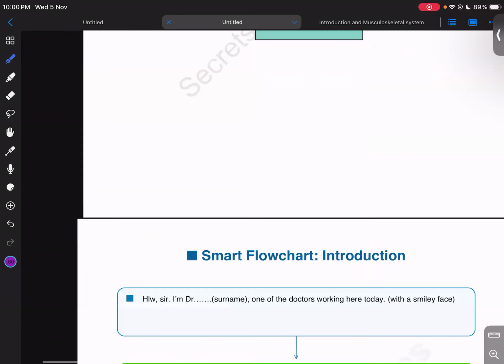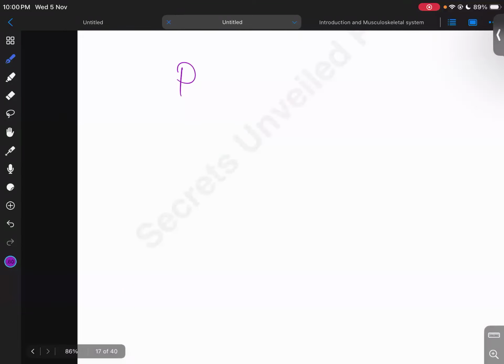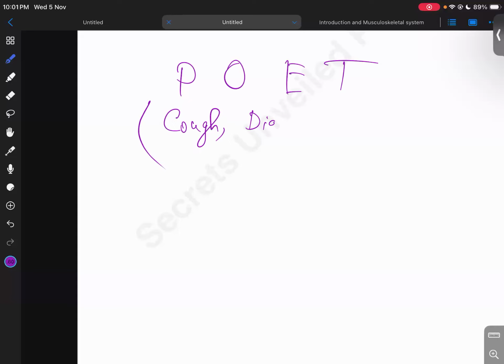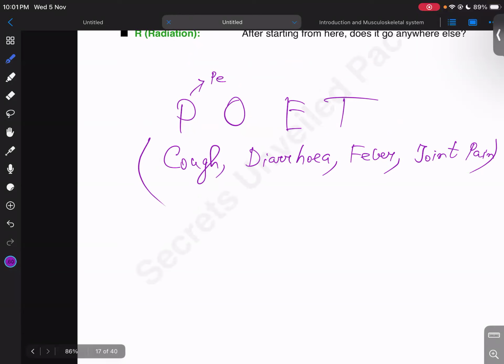So what goes for POET? Let me tell you. POET is important only for 4 prompts. I'm telling you what this means: cough, diarrhea, fever, and joint pain. P goes for pet history, whether he's raising any pet like pigeons.